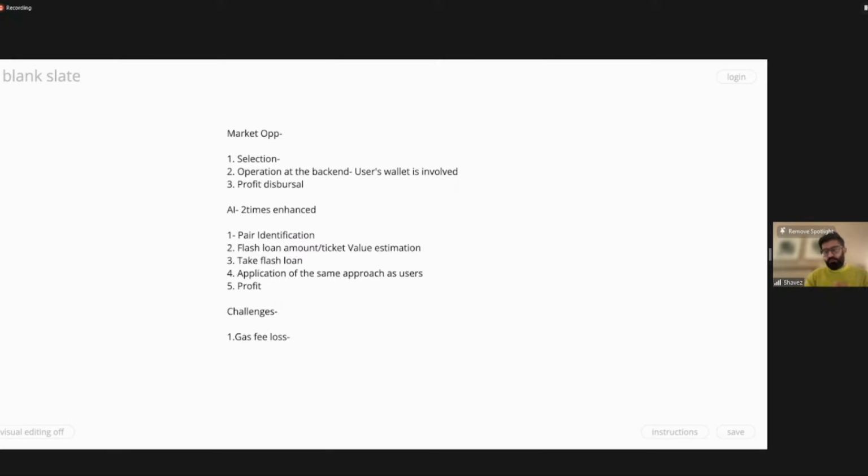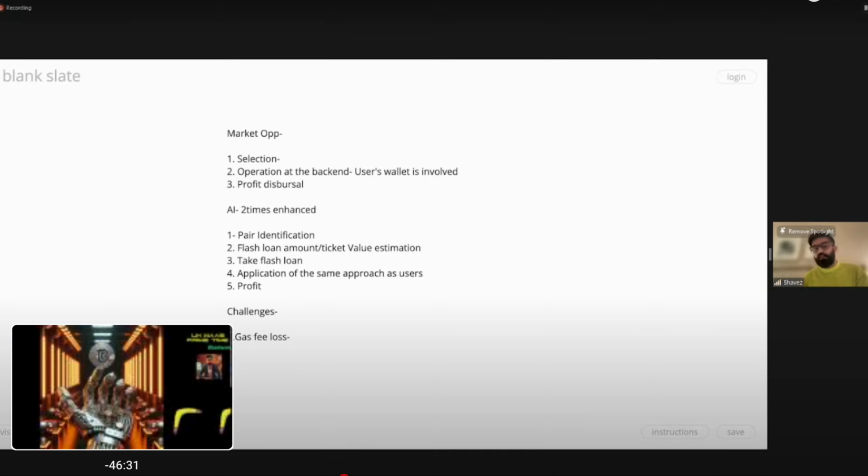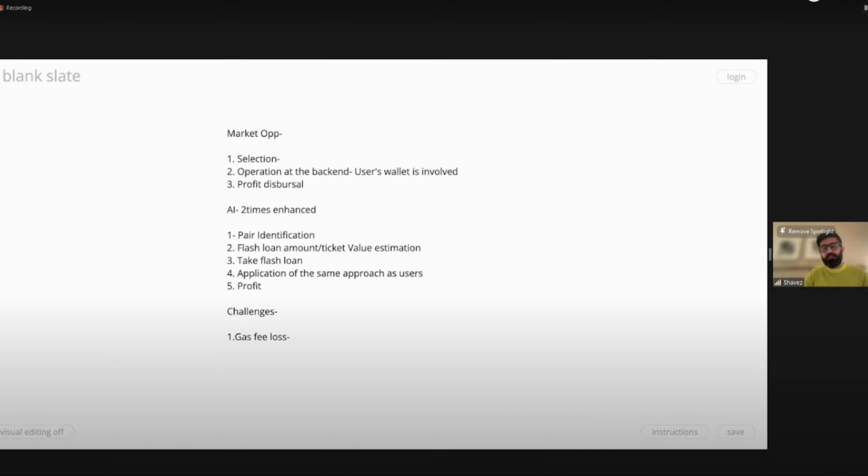You first go to the market opportunities page, where Boomerang AI presents you the market opportunities. You pick up the market opportunities, you put them into your trading, you can say swap. You select the assets, then you determine a ticket size yourself, and then you hit the confirm button, and MetaMask triggers you.